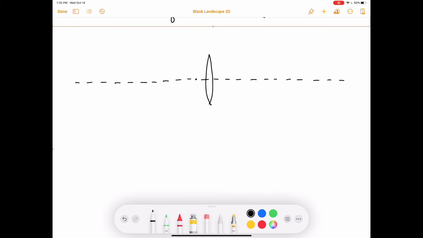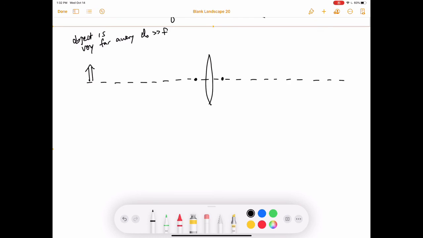And let's say the focal point is here, and there's another focal point here on the other side of the lens. And again, we just want to show the object being very far away. So the object is way out here. In other words, DO is a lot bigger than F.